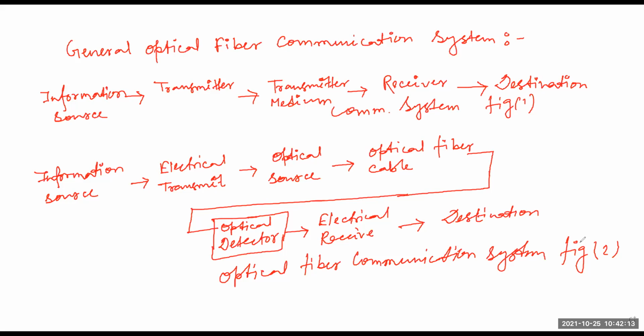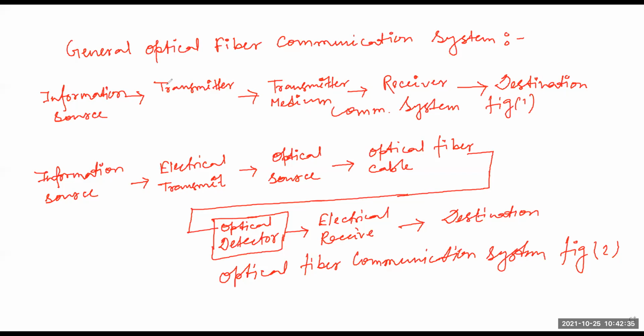In the upper part, the common communication system, there is a transmitter as well as a receiver. The transmitter acts here as a modulator and the receiver acts as a demodulator.